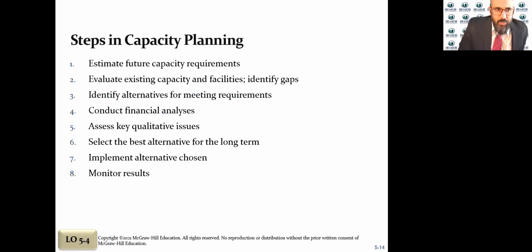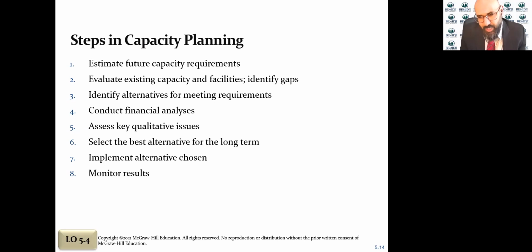All right, now moving into the steps to do the capacity planning. First of all, estimate the future capacity requirement, what is needed. That will basically be demand. We will talk about the demand techniques in the next chapter. Number 2 is evaluate existing capacity and facilities, and identify the gaps.